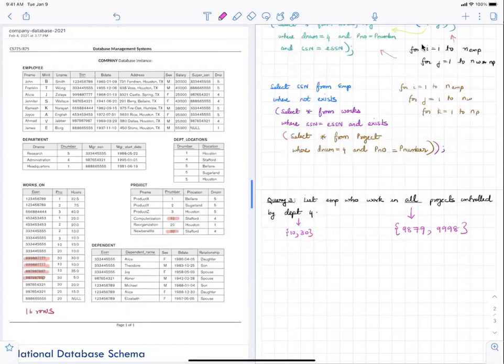I did not say that they should work only in projects controlled by department 4. In this particular database instance they only work in 10 and 30, but all I really wanted was to pick up people who work in all projects controlled by department 4.